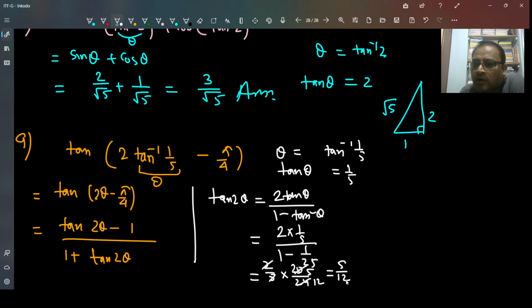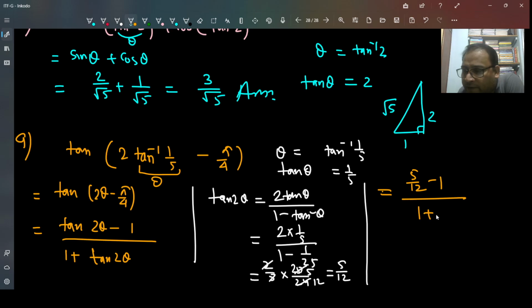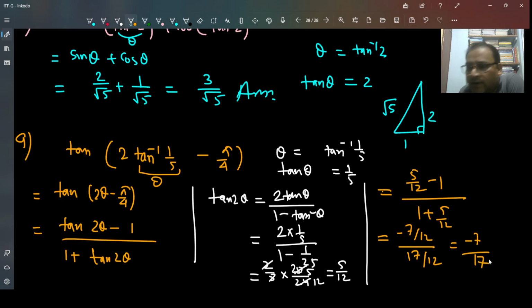Now put this value in the expression: 5 by 12 minus 1 divided by 1 plus 5 by 12. So 5 minus 12 is minus 7 by 12, and 12 plus 5 is 17 by 12. So we have minus 7 by 17.